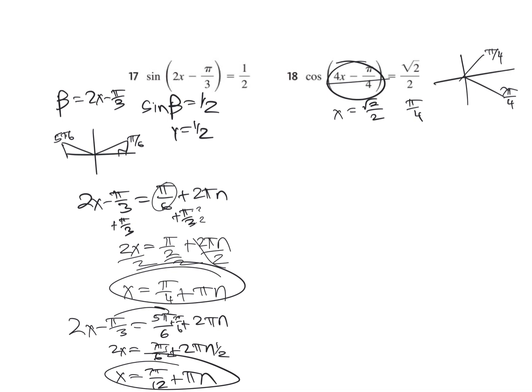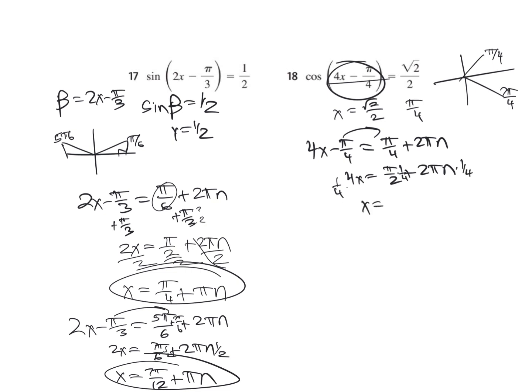All right, so we have 4x minus pi over 4 equals pi over 4 plus 2 pi n. Add pi over 4, and we get 2 pi over 4, which is pi over 2. And then we divide by 4 or multiply by 1/4. So x is equal to pi over 8 plus pi over 2 n.